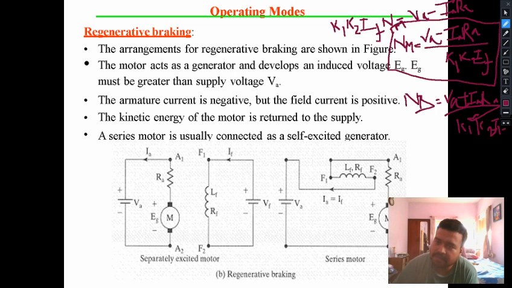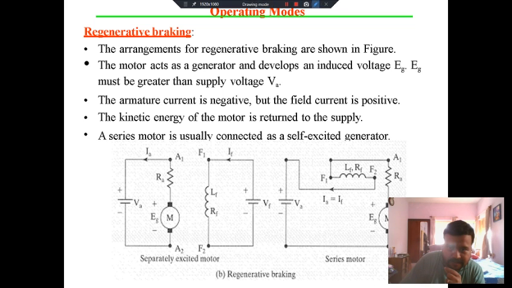If you compare the motoring speed and the braking speed, you see that there is a sign change over here. From positive it has turned negative because the armature current has got reversed. But what about NM? If you see the numerator, VA plus IARA will always be positive during motoring.